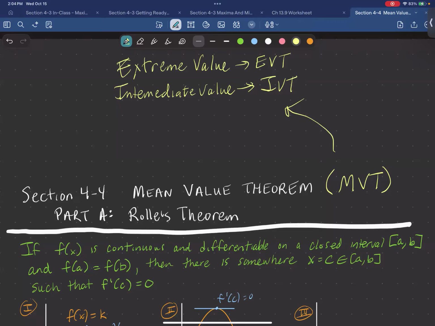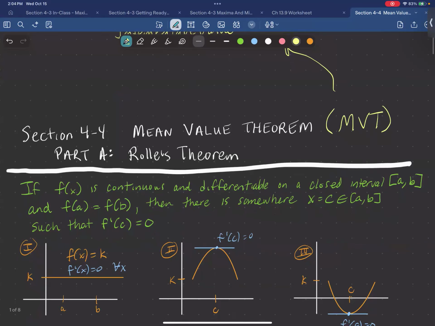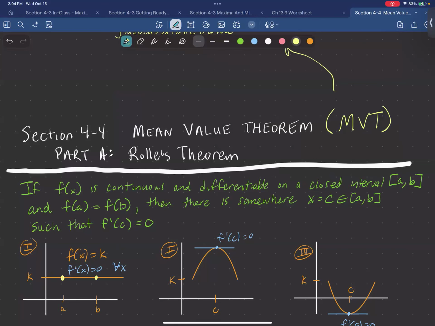So part A is going to be on Rolle's theorem. So we're going to say f of x is continuous and differentiable on some closed interval a to b, and f of a equals f of b. Like we have here and here, if that's a and that's b.